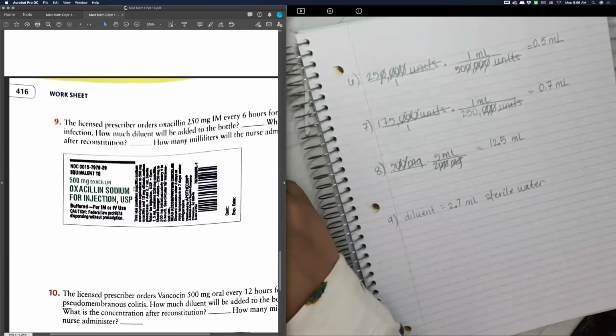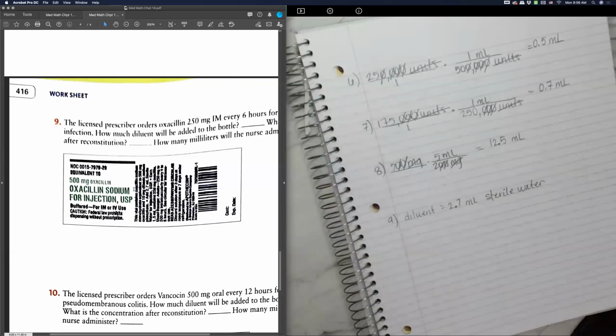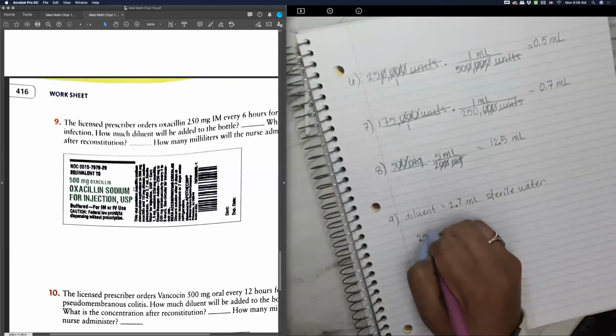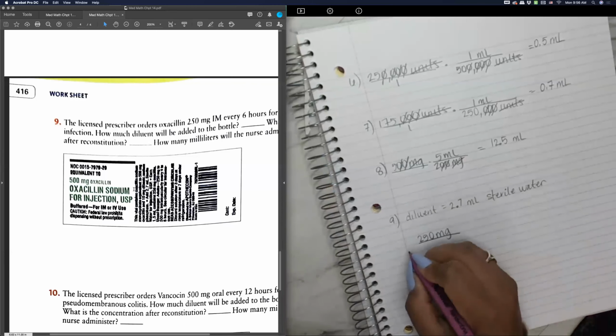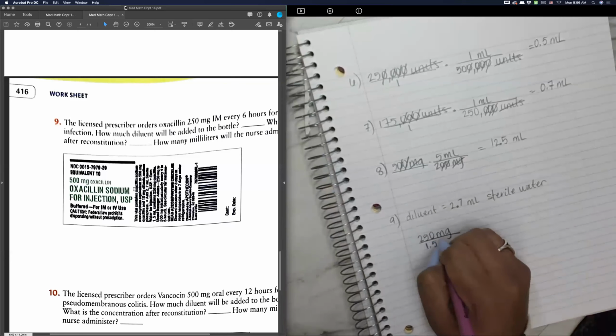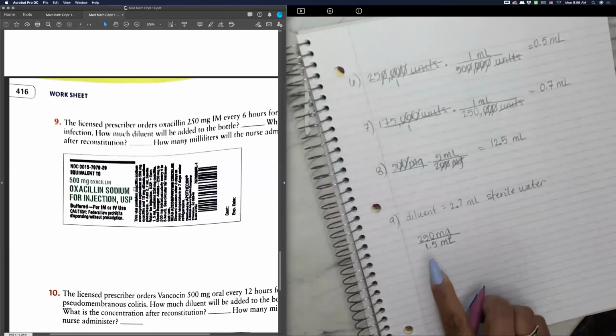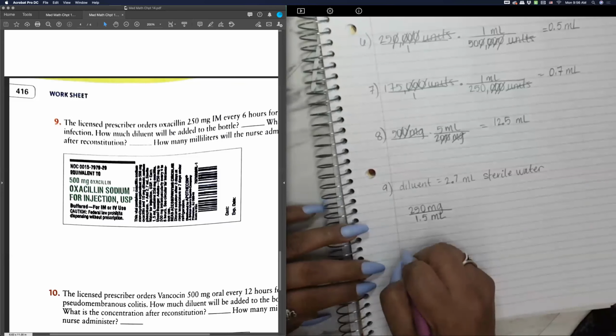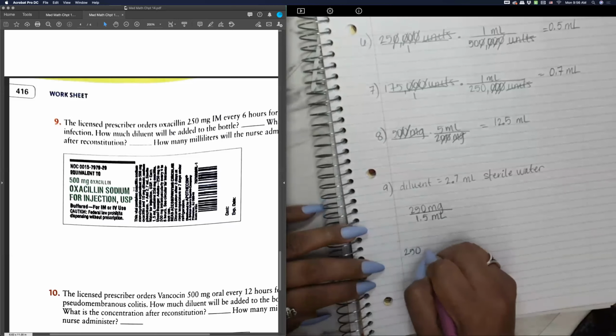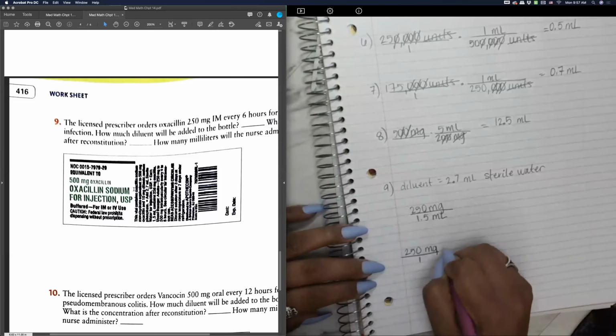Okay, and then right after that, it tells you on the label each 1.5 milliliters contains 250 milligrams of oxacillin. So 250 milligrams per 1.5 milliliters. That's our dosage strength. Okay, and the doctor's order for this patient is 250 milligrams times our dosage strength.